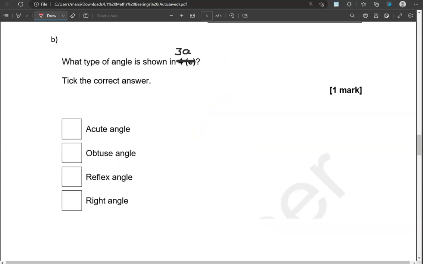What type of angle is shown in 3A? So that's the question we've just done. That is an obtuse angle, greater than 90 degrees, but smaller than 180.